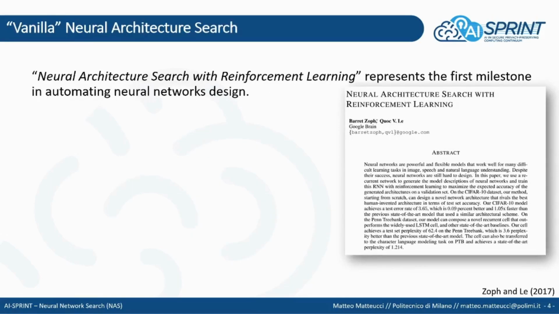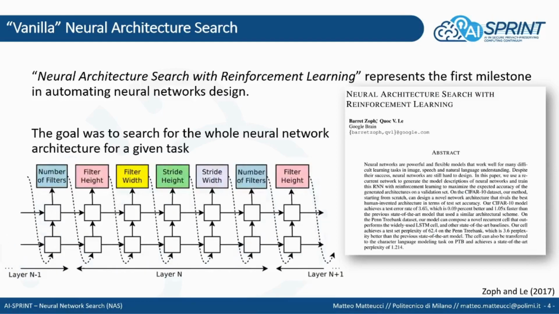One of the first works on neural architecture search was presented by Zoph and Le in 2017 as part of their work at Google Research. And they used a reinforcement learning algorithm to perform this task. The goal was to search for the whole neural network architecture for a given task.